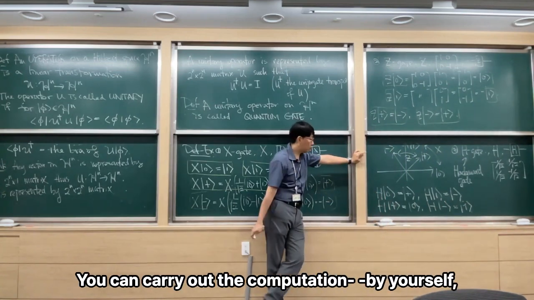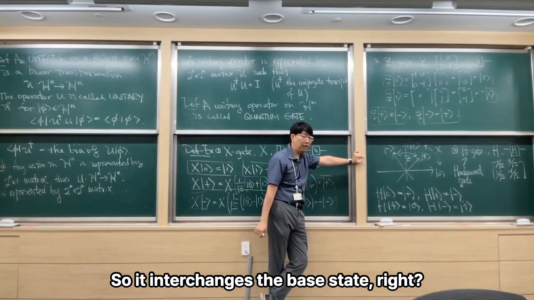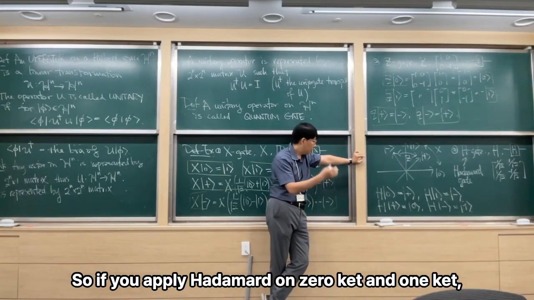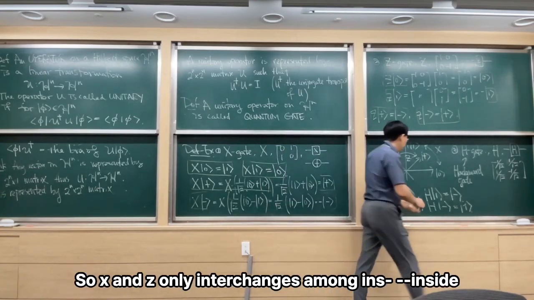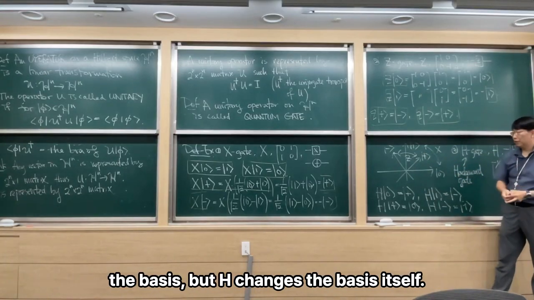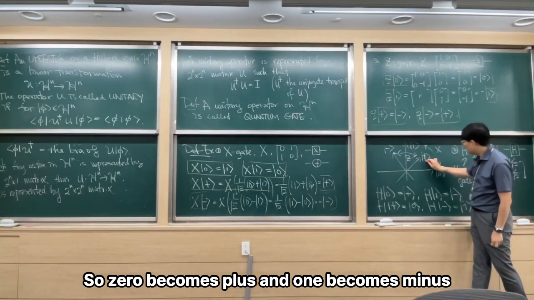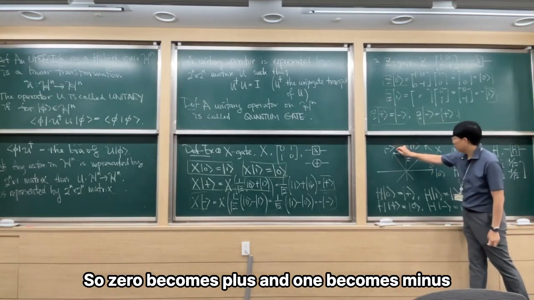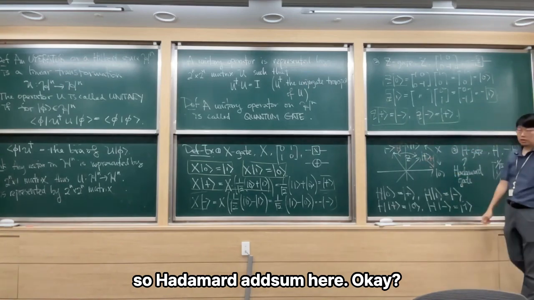You can carry out the computation by yourself. So it interchanges the basis states, right? If you apply Hadamard on 0 ket and 1 ket, it changes to plus ket and minus ket, so it changes the basis. So X and Z only interchange inside the basis, but H changes the basis itself. So 0 becomes plus and 1 becomes minus, and it actually interchanges them. So that is the Hadamard gate. Okay.